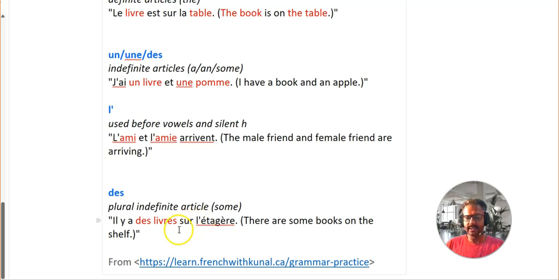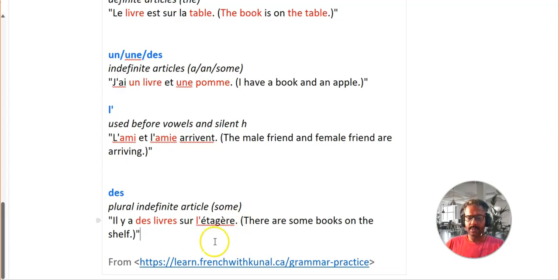If I were to say the same sentence with indefinite articles, I would just simply replace this. I would say il y a des livres sur une étagère. Since here we are using definite articles, I'm using L apostrophe. But if I were to use indefinite articles, I would say il y a des livres sur une étagère.